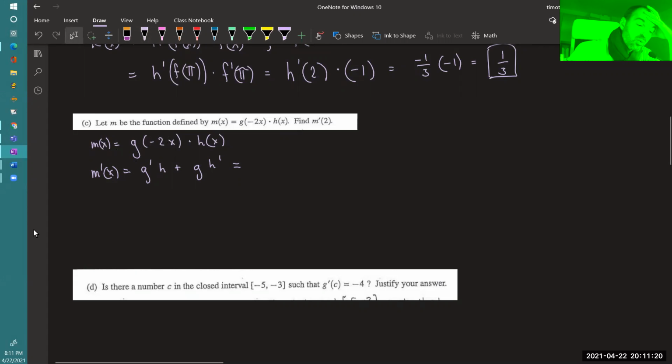So I'm going to have to chain rule this. And so this is actually going to be a -2 times g prime of -2x times h of x plus just regular g, so g of -2x, times h prime of x.